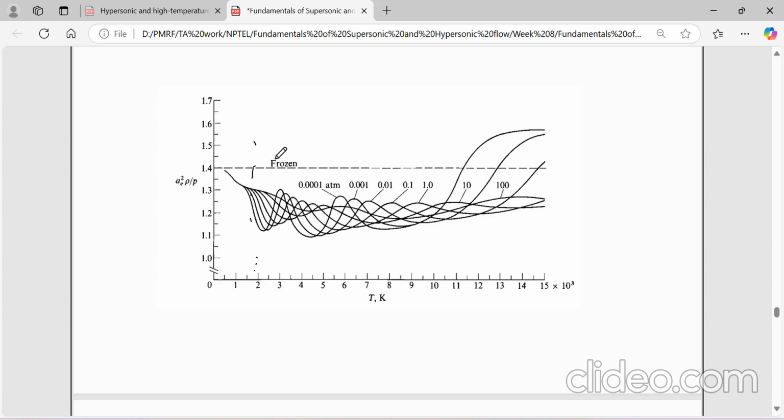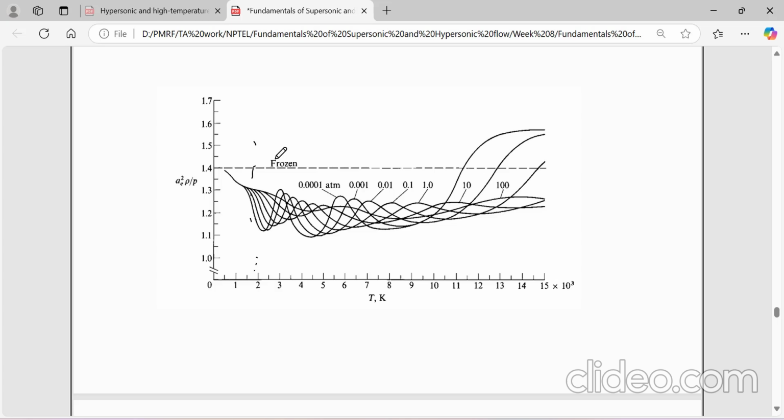That's why we have used only velocity till now. We are not using the Mach number, because it is very difficult to define a Mach number, which speed of sound to use.